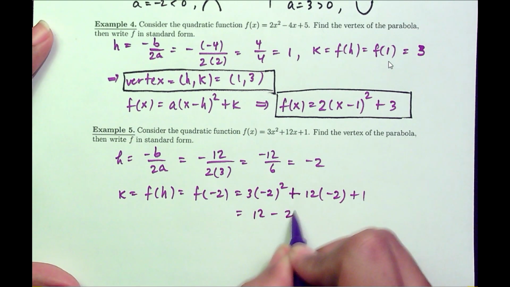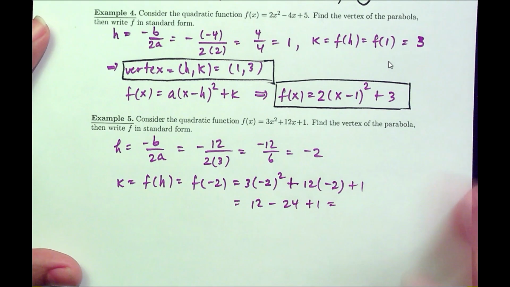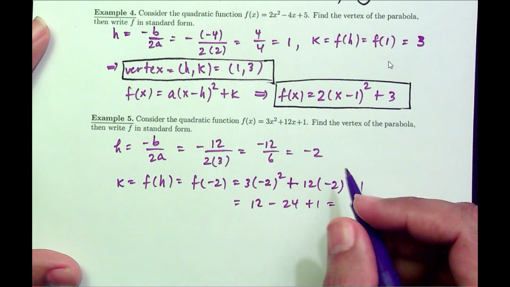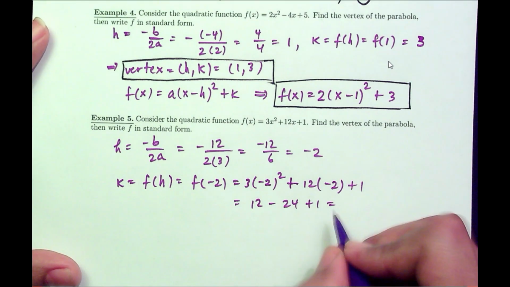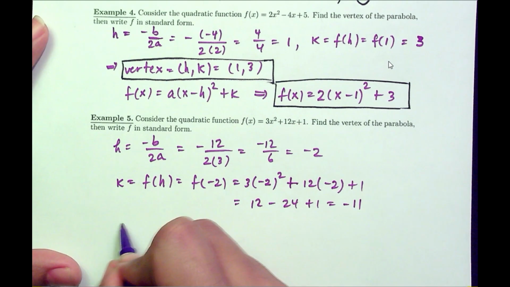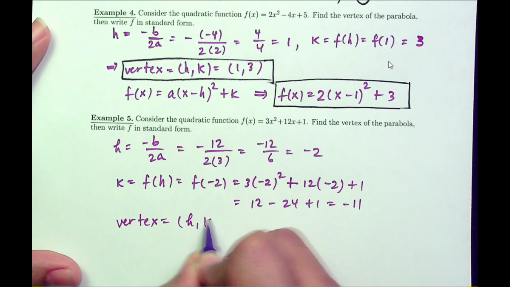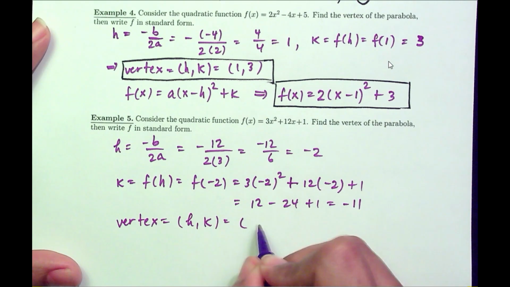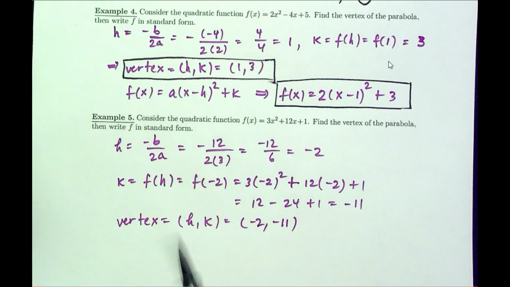This is negative 24 plus 1. 12 minus 24 is negative 12, and negative 12 plus 1 is negative 11. So that means the vertex is hk, which is negative 2, comma, negative 11. So that's the vertex.